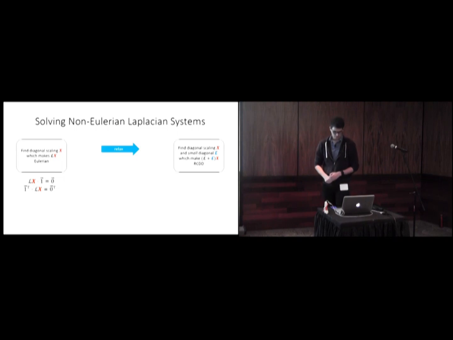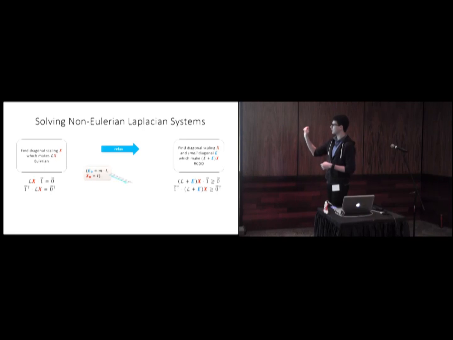It's just a Laplacian plus a non-negative diagonal. We can start with some matrix E that's just a large multiple of the identity. If I add a large multiple of the identity to our initial directed Laplacian, it's immediately RCDD without any scaling. And we're going to iterate.